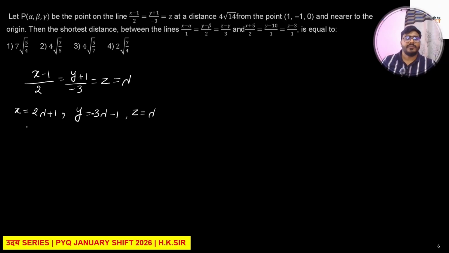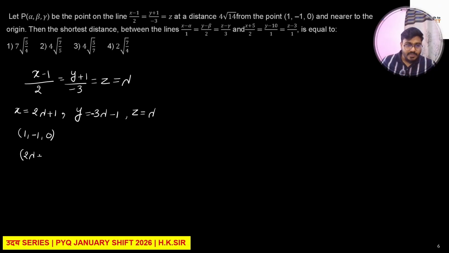Okay, after this they are saying distance of this point from (1, minus 1, 0) is 4 root 14. Okay, so use distance formula. So we can say distance between this point and this point (1, minus 1, 0), this distance is 4 root 14.